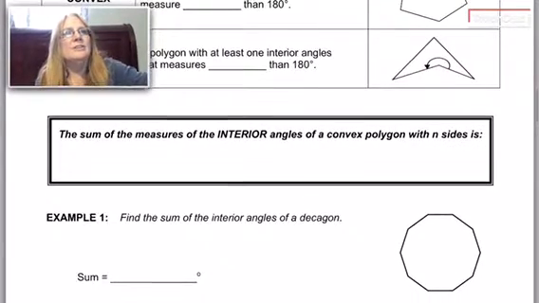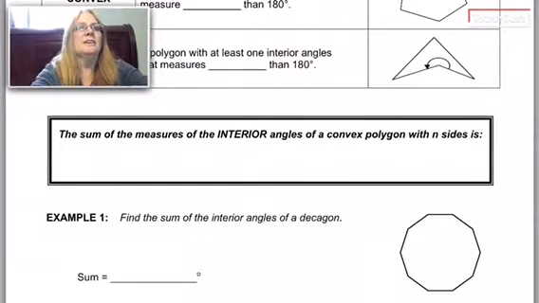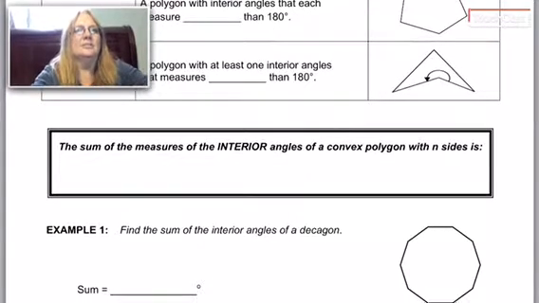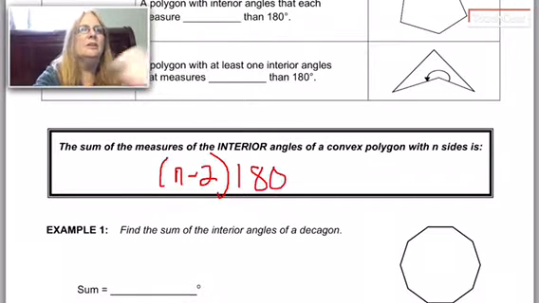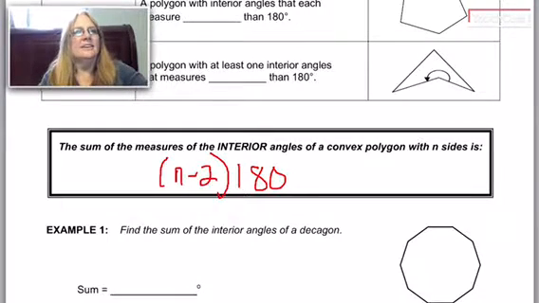So now here is a formula that you're going to use a lot, and you need to memorize this one. The sum of the measures of the interior angles of a convex polygon with n sides is n minus 2 times 180, where n is the number of sides. So in example 1, this is a decagon, which means it has 10 sides.